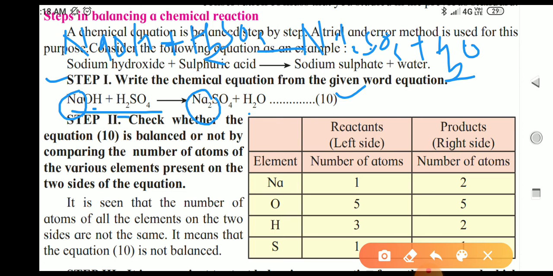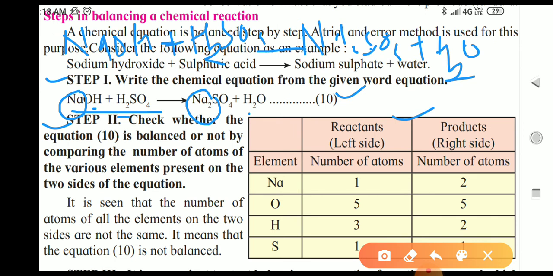Now step second is check whether the equation is balanced or not by comparing the number of atoms of various elements present on the two sides of the equation. Now here we have to find the number of atoms in both sides. So here we make a chart.